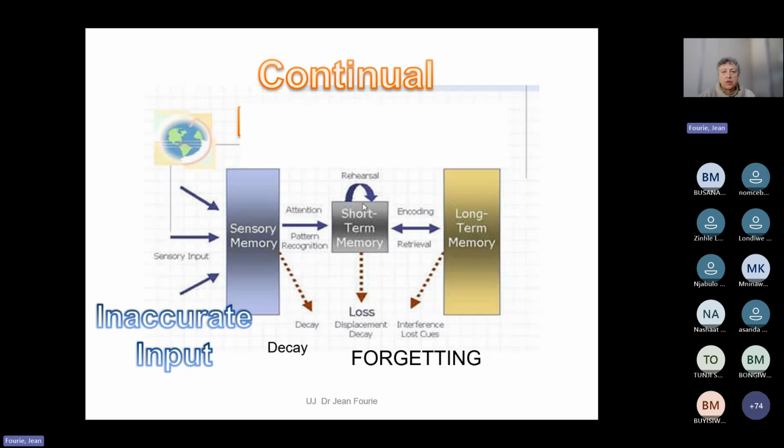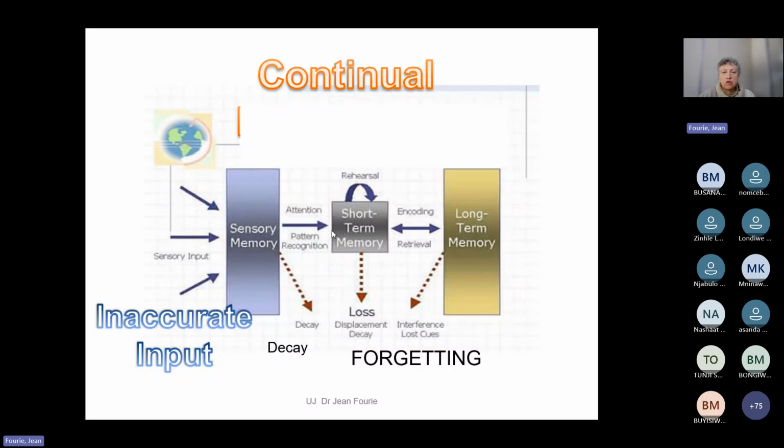In the short-term memory, the term is called loss or displacement decay. So our short-term memories have a very small capacity. Last time I spoke about the 7 plus or minus 2 number of items, digits, facts that we can recall.